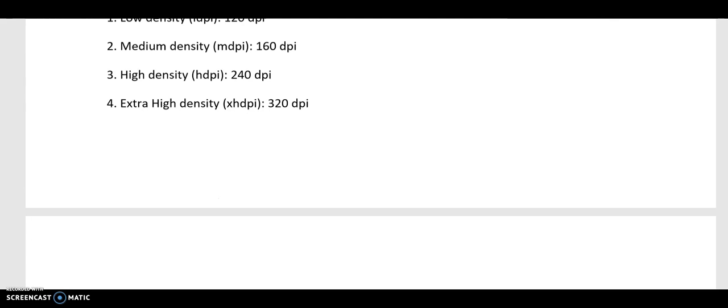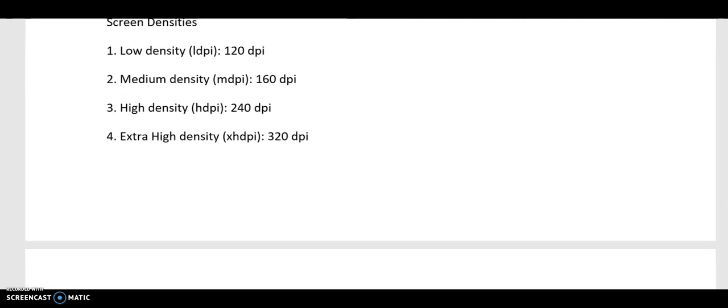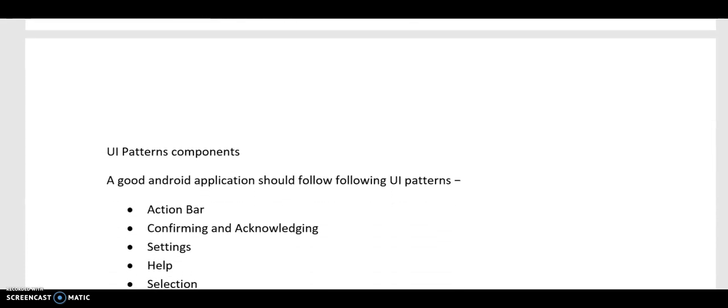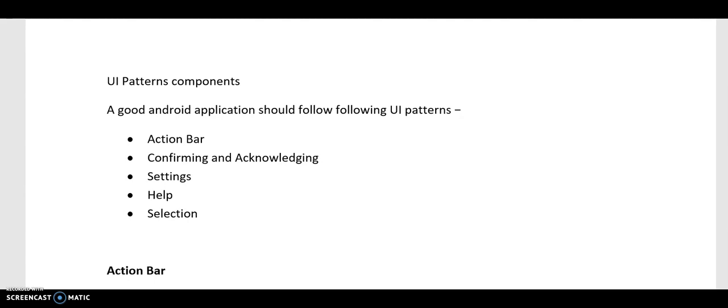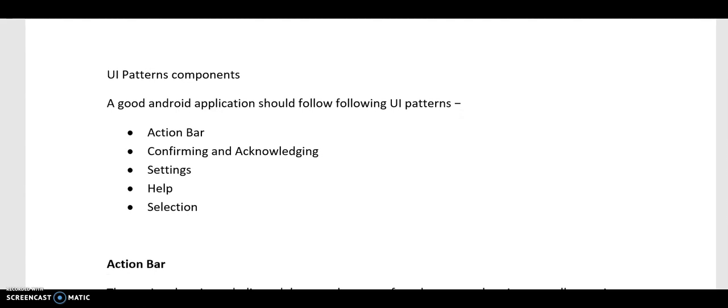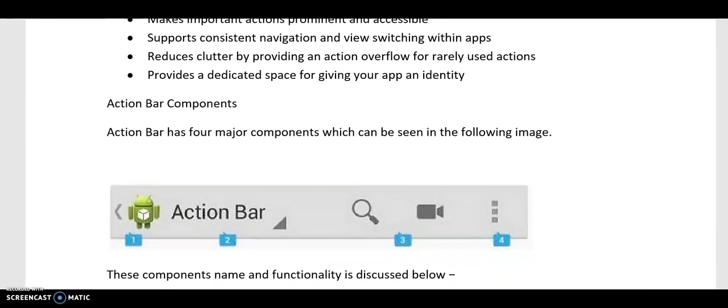Then screen density deals with low density, LDPI, medium density, high density, and extra high density. That would be dealing with the clarity of the things that we do. Some of the UI pattern components are given over here. A few of them are action bar, confirming, and acknowledging. Action bar components can be seen over here.